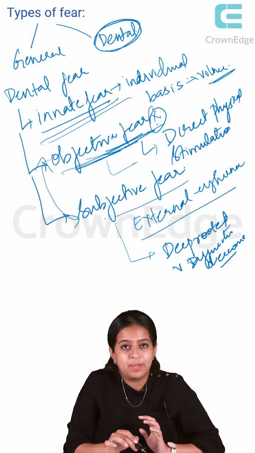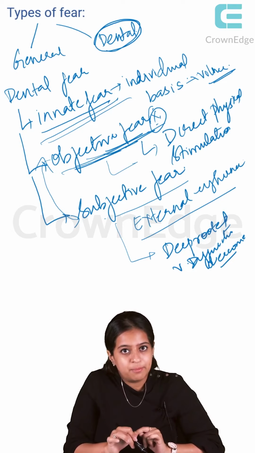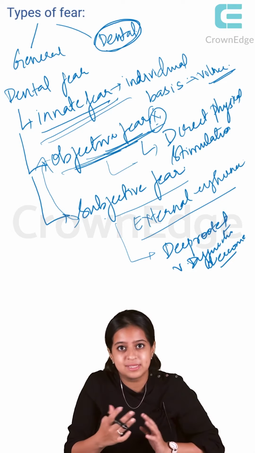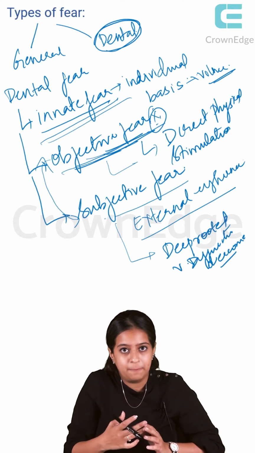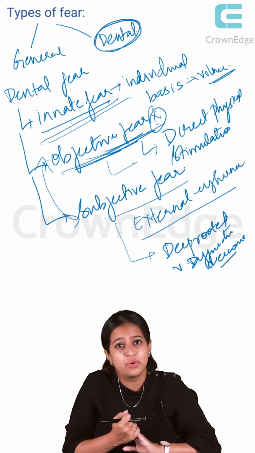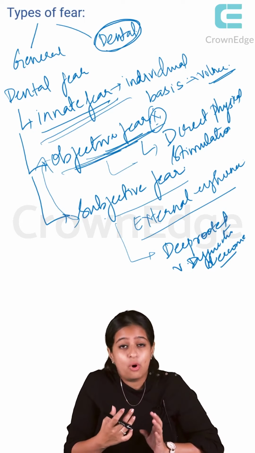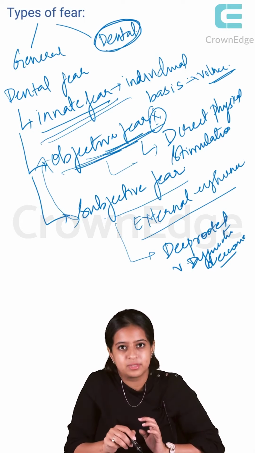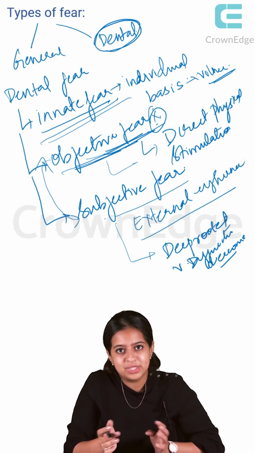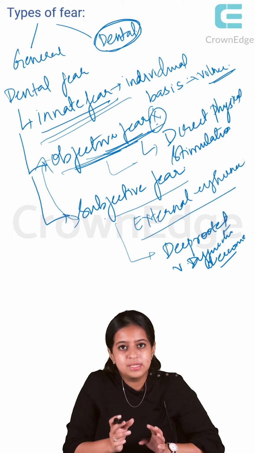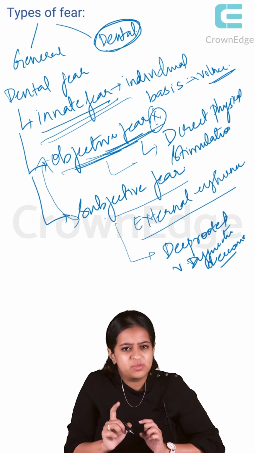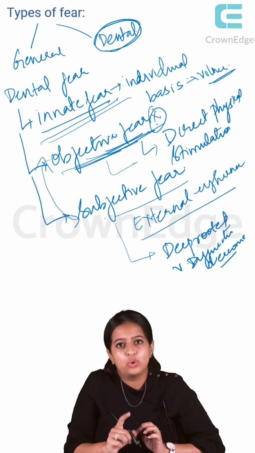Subjective fear is more of an external influence, like the child's friends telling him, or the mother portraying it, or the mother holding the child's hand during dental treatment and showing fear in her face. All these are subjective fears. The child is not going through anything, but external influences affect the child to have a subjective fear. This subjective fear is very deep-rooted and very difficult to overcome.